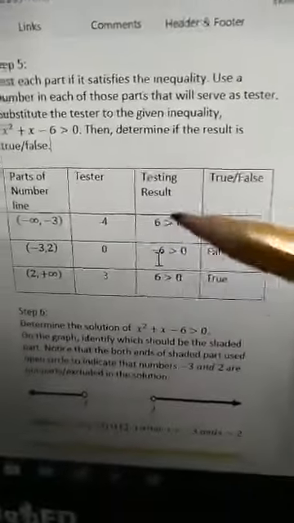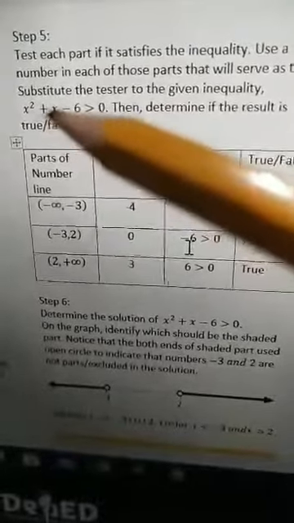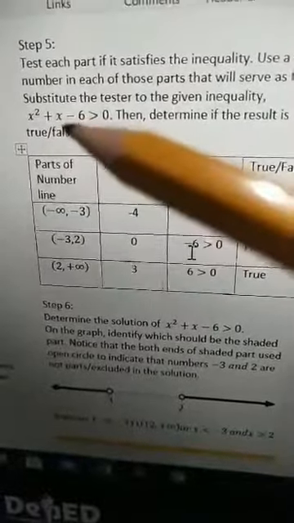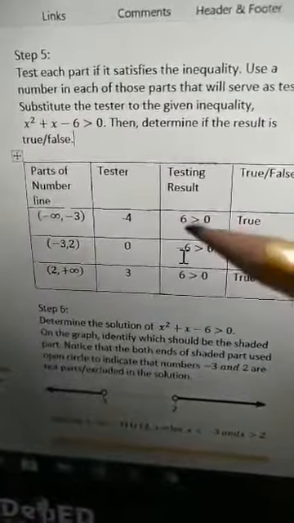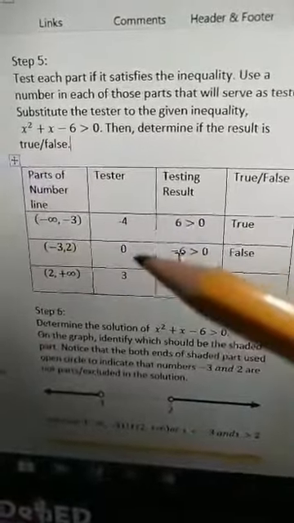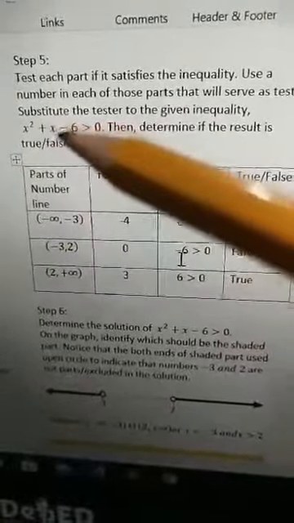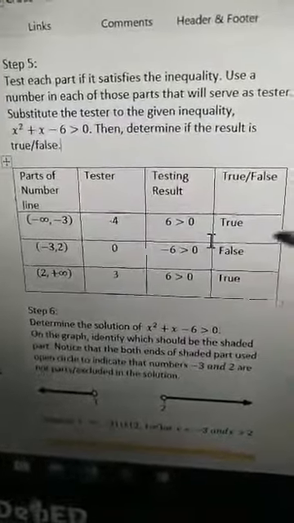That is positive infinity. So when we substitute negative 4 for x, we get 16 plus negative 4, which is positive 12, minus 6 is positive 6. Is 6 greater than 0? True. Okay, substitute 0. What is left? Negative 6 is greater than 0.